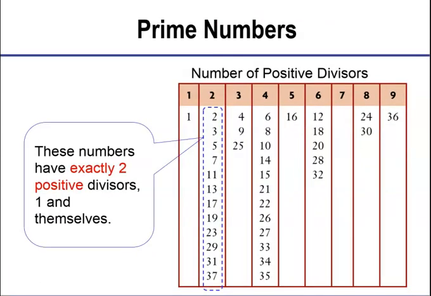Now the textbook points out that this list, like we did already, has exactly 2 positive divisors. Those guys are called prime numbers. That is the definition of a prime number, that you only have 2 positive divisors, and they are going to be 1 and the number itself. And all of those are listed prime numbers.